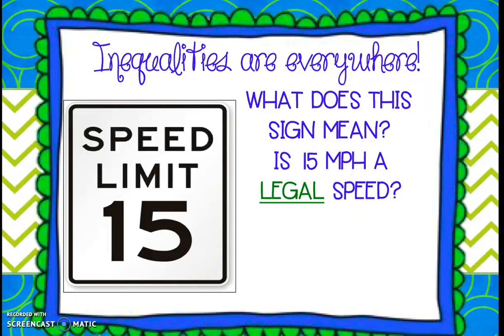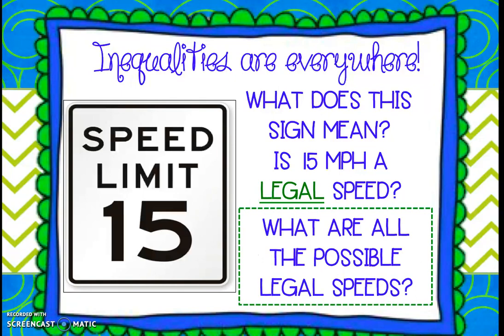So is 15 miles per hour a legal speed? Yes, we know that it is because it says the limit, the highest that you can go, is 15 miles per hour. So then what would be all of the possible legal speeds? Well, we know that it's anything 15 miles per hour or less.